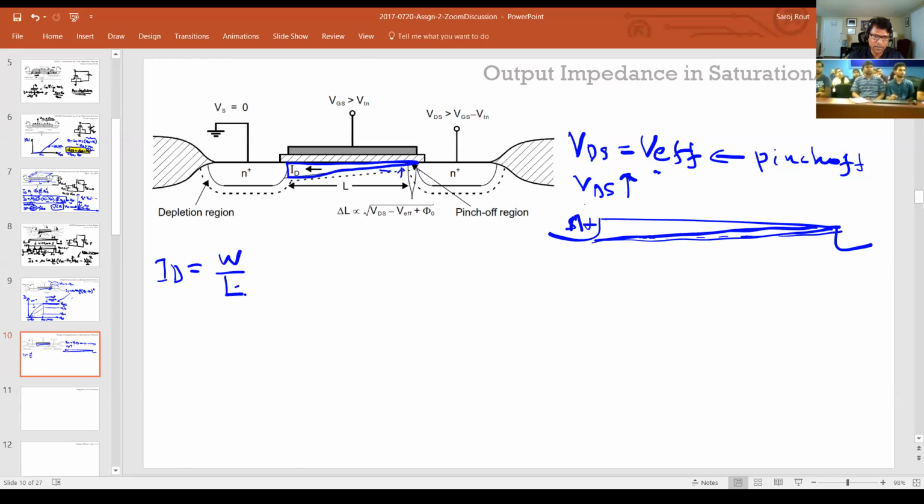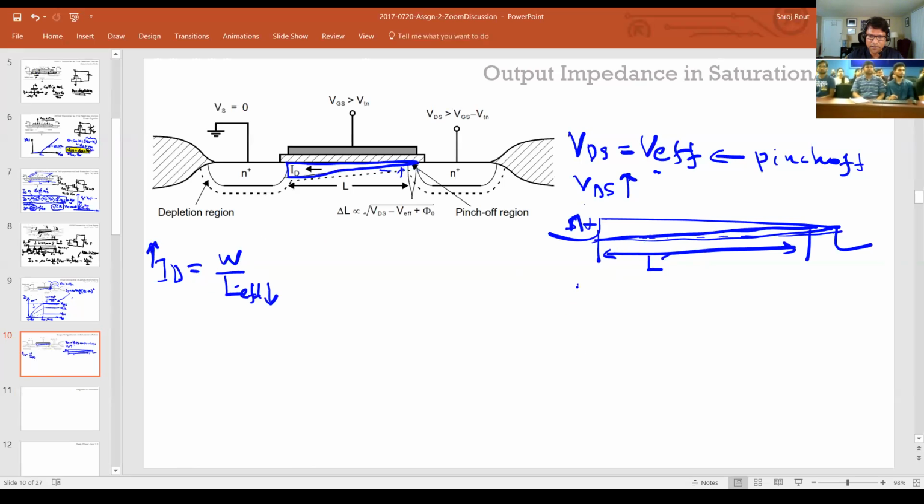This L is your L effective, which is basically your channel length, not your physical length. So that's this length here, L dash. If this length is decreasing, that means this current is going to increase, right? As your voltage is increasing, this effective length is decreasing, which means that this current is increasing.